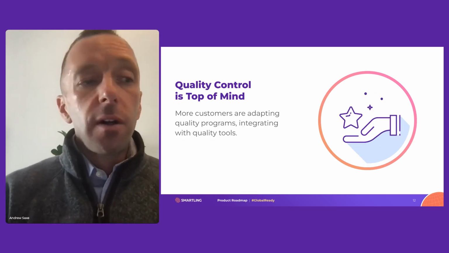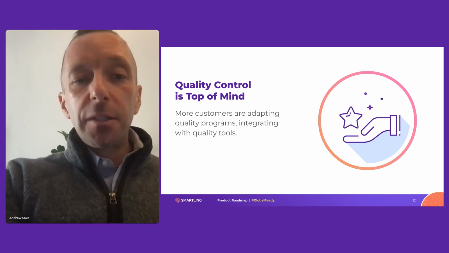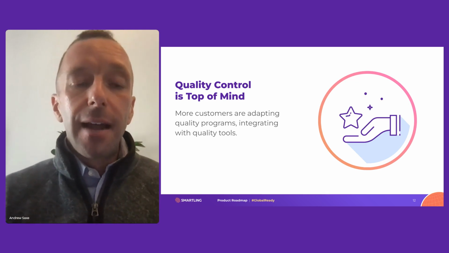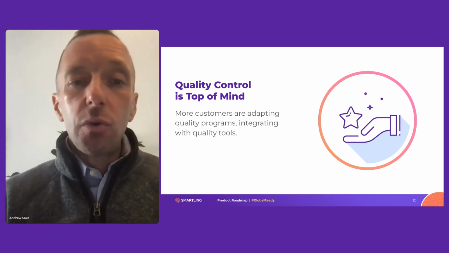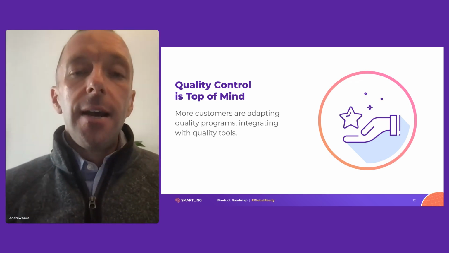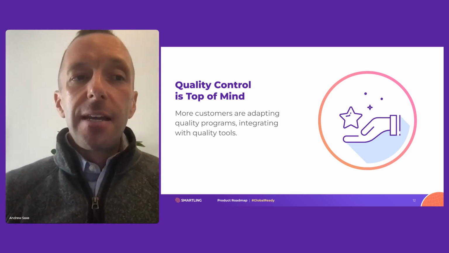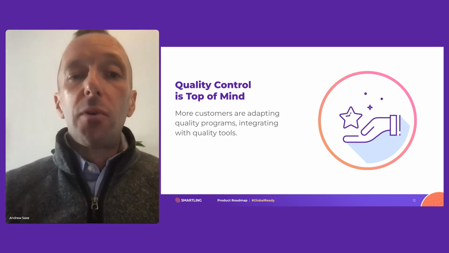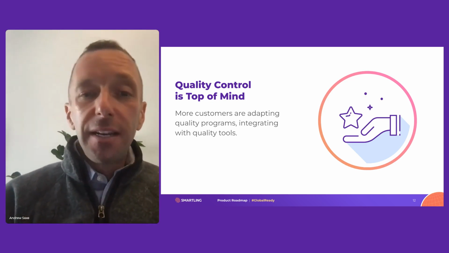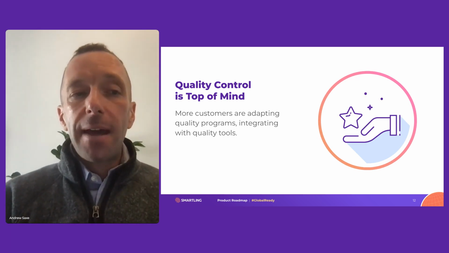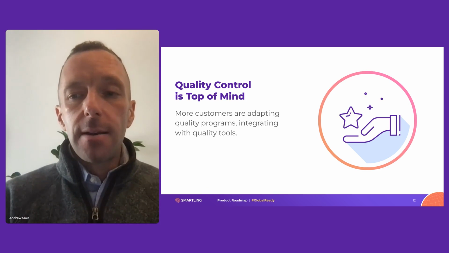We also see that quality is top of mind. Customers are adopting quality programs, they're integrating with third-party quality tools, they're using our old DQF tool and our new LQA tool functionality, and also in just looking at the workflow steps that people have set up, we see more and more steps called QA, QC, quality control. So we know that quality control and quality management is top of mind.